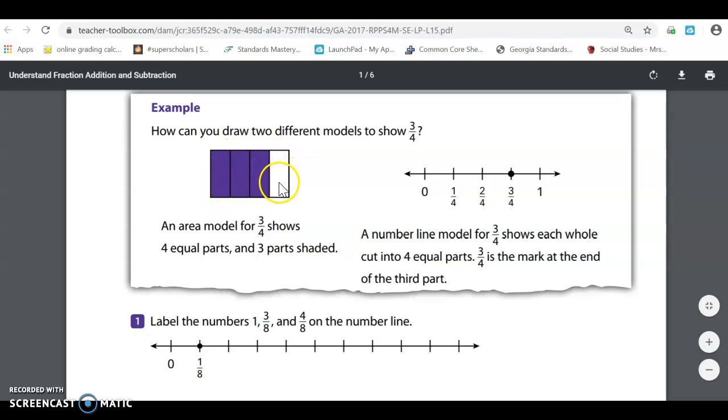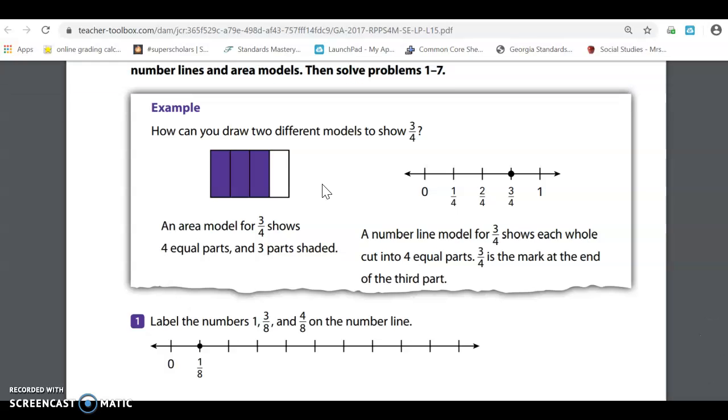Remember, when we're working with fractions, your parts always have to be even and equal. The reason they partition into 4 equal parts is because your denominator is 4. 3 of those 4 parts are shaded because that represents your numerator. So an area model for 3/4 shows 4 equal parts and 3 parts are shaded.